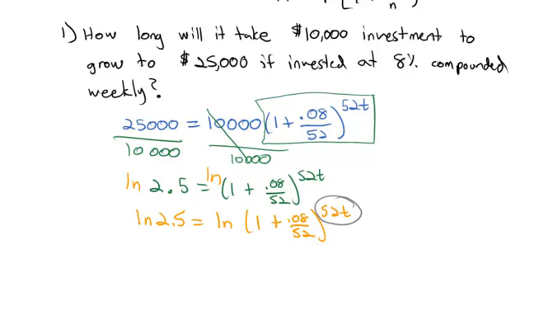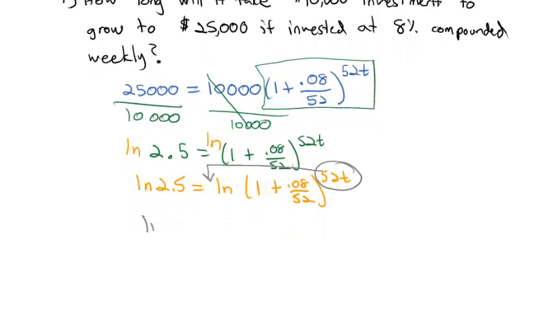And we know that an exponent comes out in front of the log. So now we have the natural log of 2.5 equals 52t times the natural log of 1 plus 0.08 divided by 52.